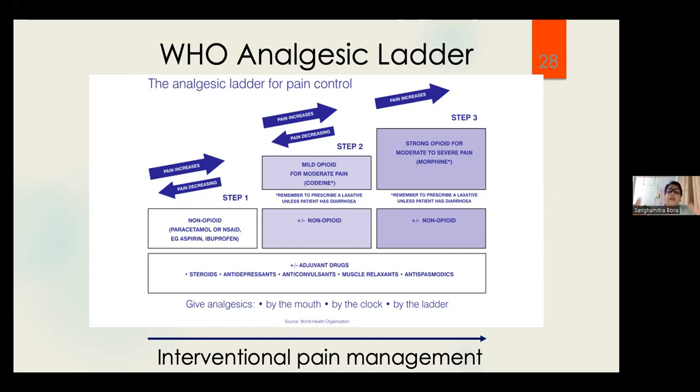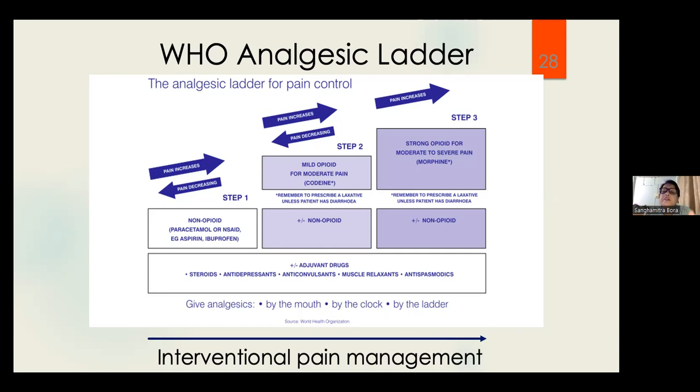But then you have to consider using the non-opioid, which is paracetamol or NSAID, in combination with the step 2 drugs. Right? And here, if the patient doesn't respond to the step 2 drugs, or he has more pain, you escalate the dosage to the step 3 drugs.